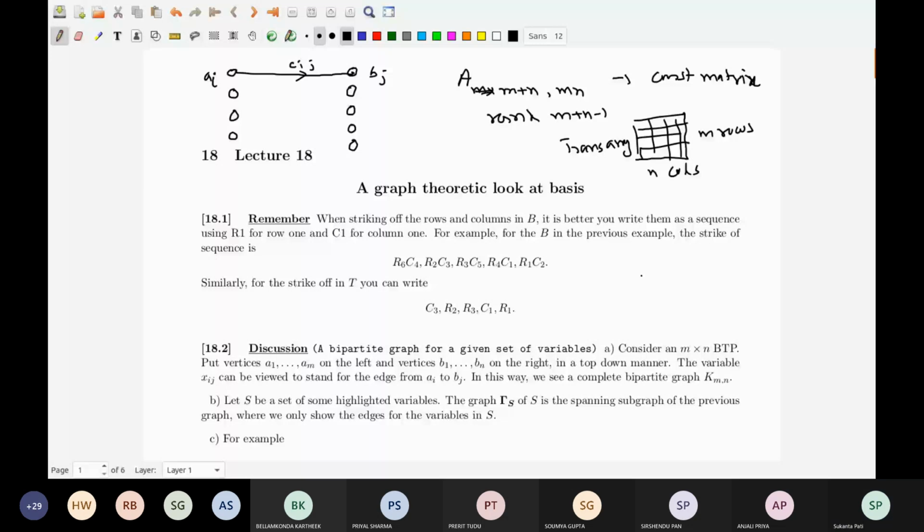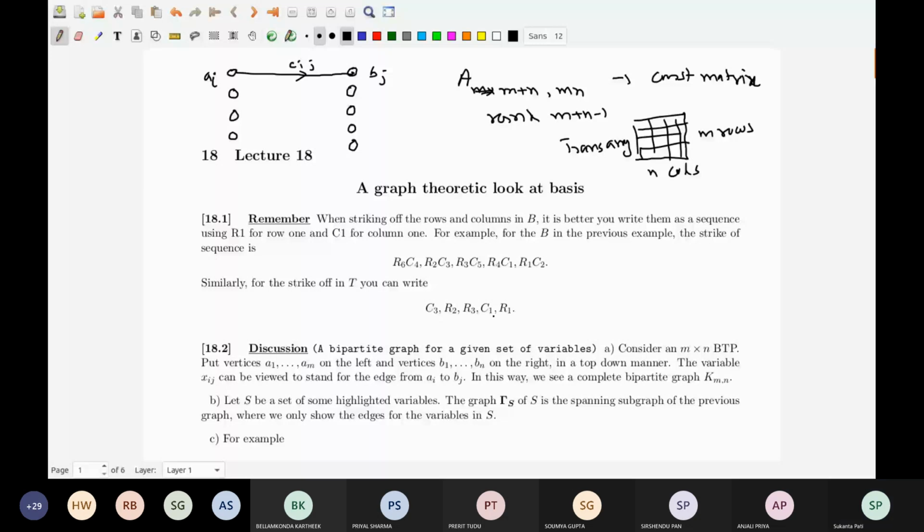That would mean that you first strike off the 6th row, and that had a single one at the 4th place. Similarly, for a table, you write C3, R2, R3, C1, R1. It means first you have struck off the column 3, then row 2, then row 3, then C1, then R1. So then I can understand which one is first, which one is second.